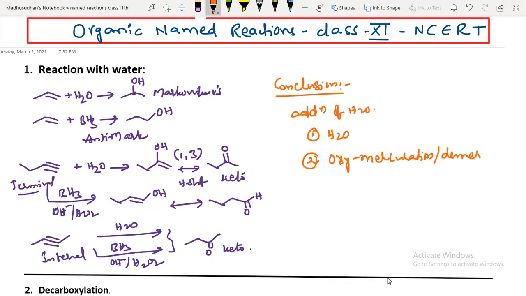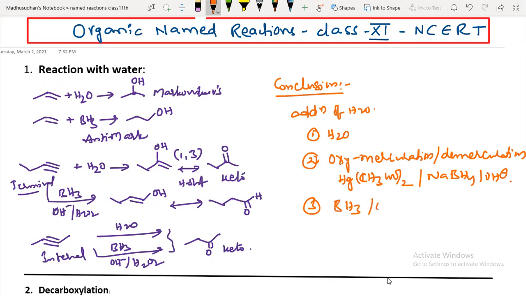The reagents used in oxymercuration are mercuric acetate, and for demercuration, sodium borohydride and OH minus. The third one is addition of BH3, or addition of diborane in the presence of peroxide. They all give the final product as the water addition product only.